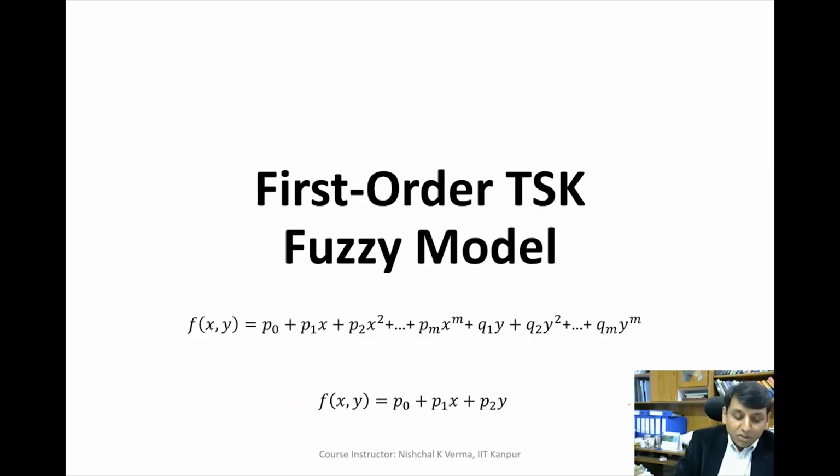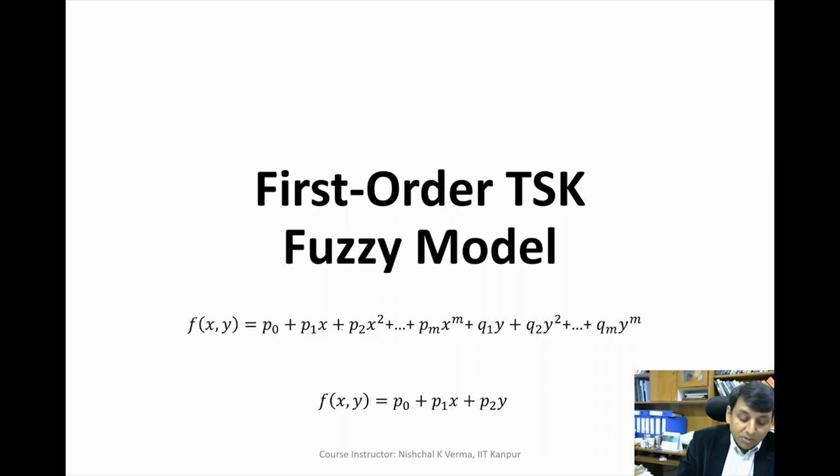So as I have already mentioned, the order basically is defined here. When we talk of first order TSK model, it means the maximum power of the input generic variable cannot exceed 1.